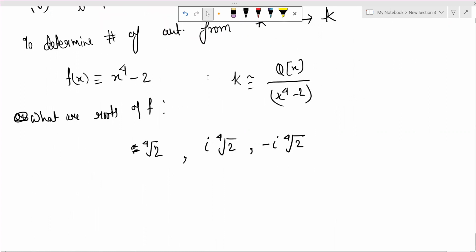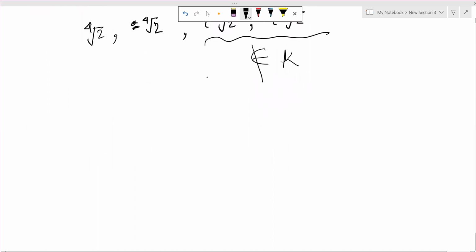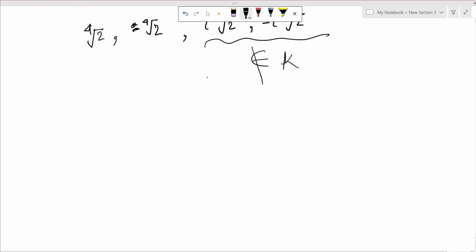I write this element also here, the fourth root of 2. So now see, this element is not in K, does not belong to K, right? So now for any automorphism sigma from K to K, what is the choice where the fourth root of 2 can go?